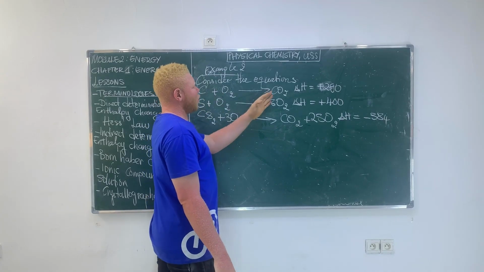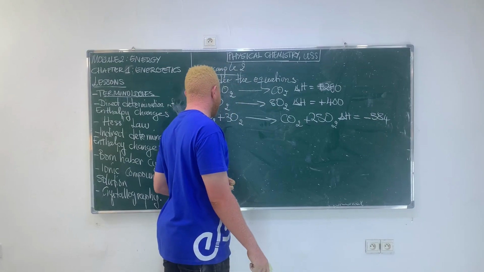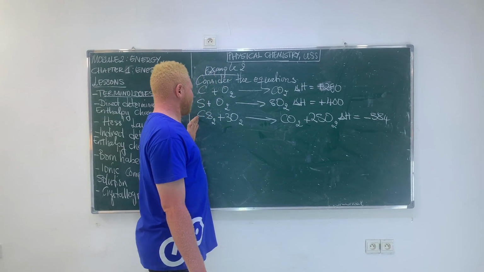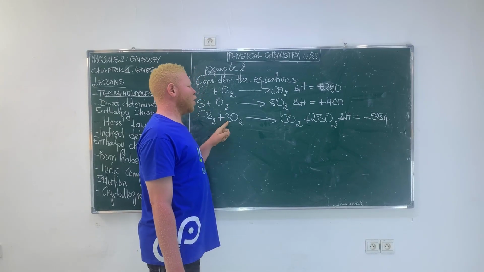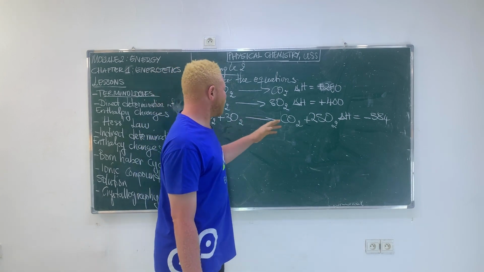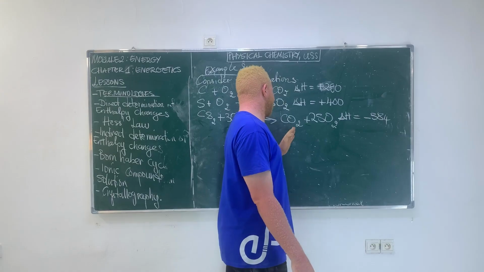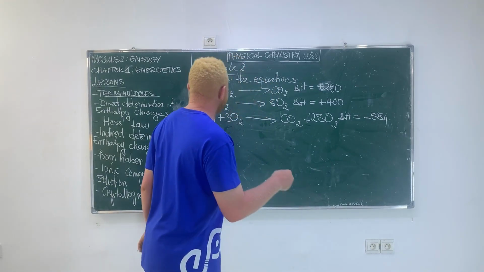C plus O2 giving CO2, it's okay. S plus O2 giving SO2, it's okay. Then oxygen, I have CS2 plus 3 O2, 3 times 2 is 6. Adding O2 plus 2 times 2, 4, is 6. Good. So calculate.